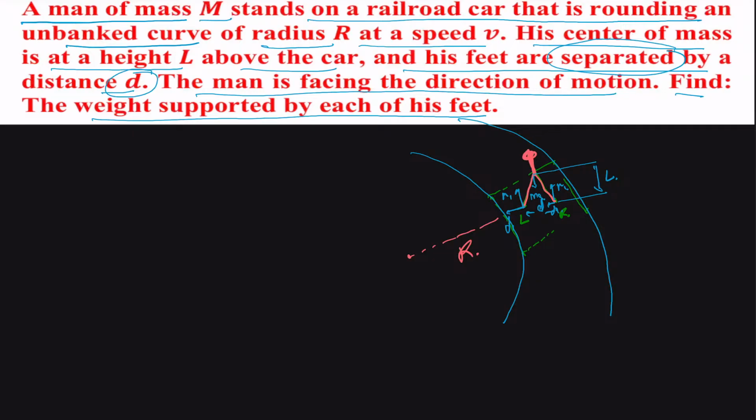Let us call this point A and this point B. So we have point A, point B, and in this case we have our normal on the left as NL, normal on the right as NR, the frictional forces FL and FR, and mg in the downward direction.